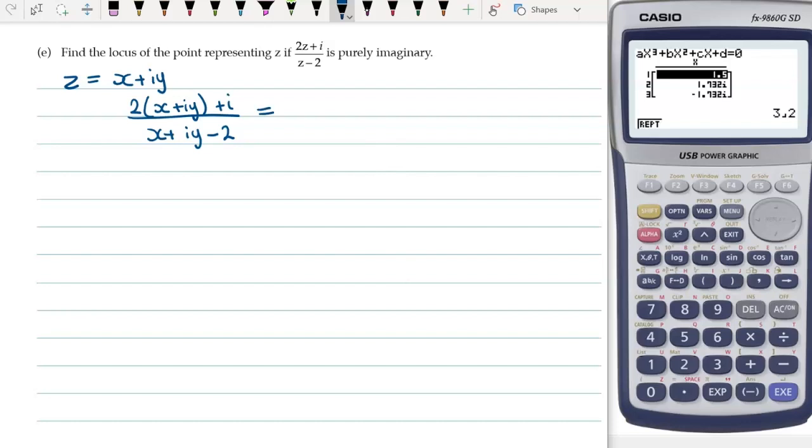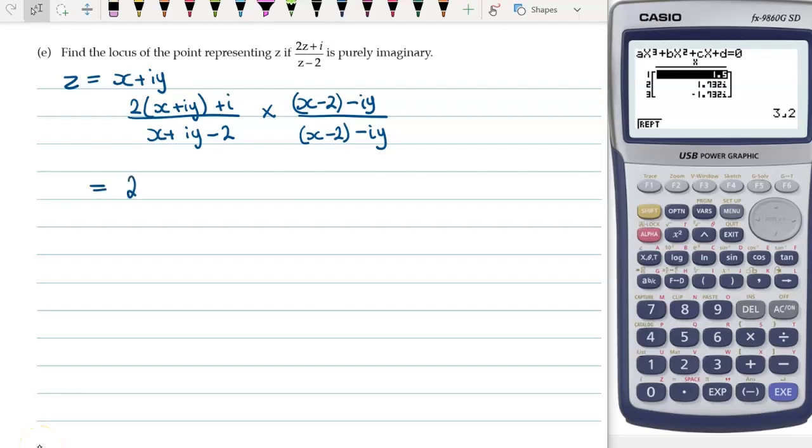And that is equal to, well, now we need to rationalize out the denominator. So we will have this multiplied by x minus 2 is the real part minus the imaginary part. I'm going to put that in a bracket actually. I think I'd rather do it like this so I can see what's going on. Okay, so next line here. This is going to turn into some fairly tricky algebra.